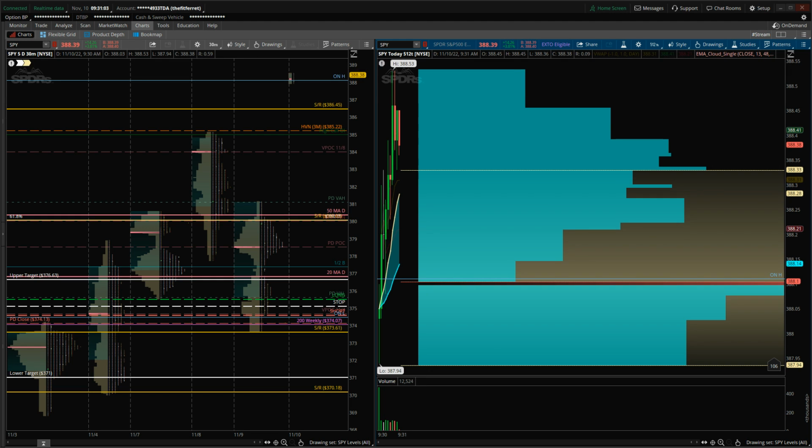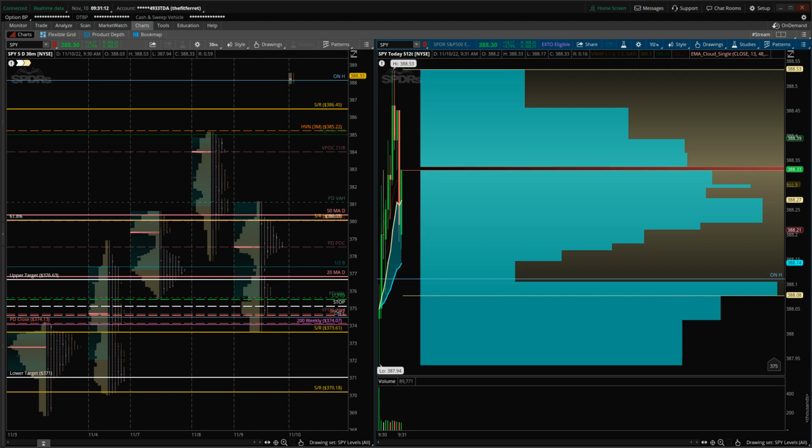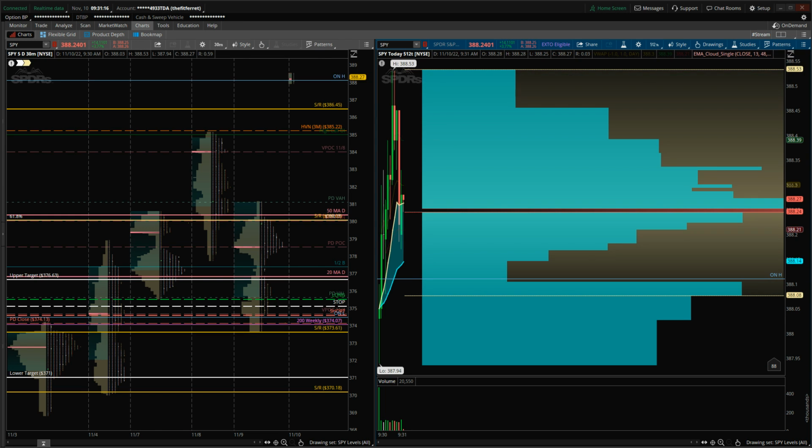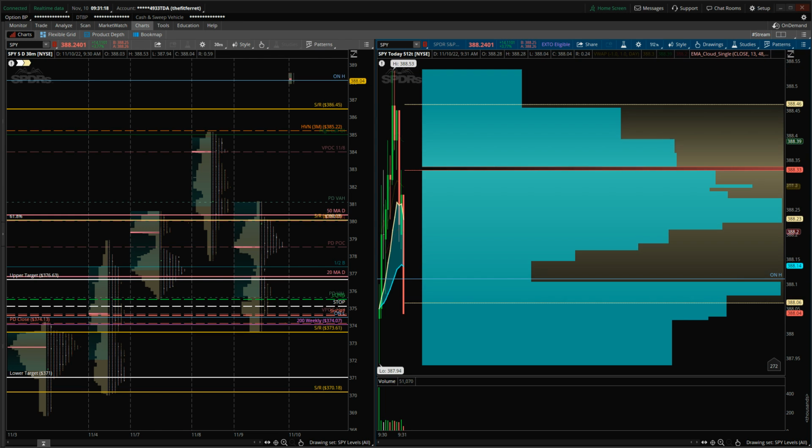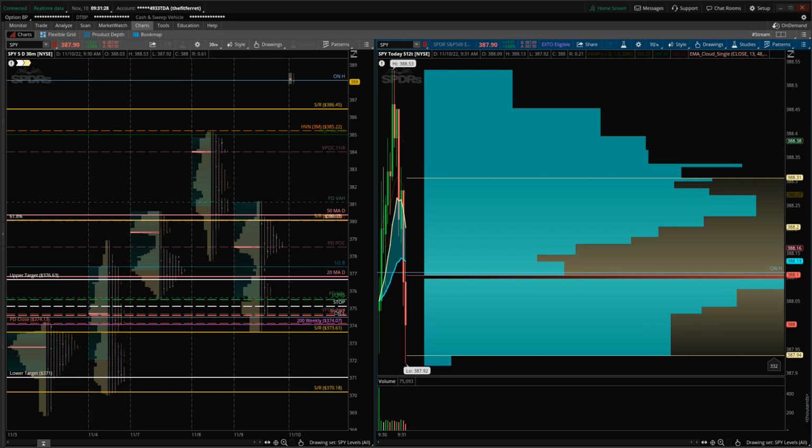We just hit a supply point from early November, November 2nd. It looks like there was some supply there. So now we're challenging the opening low.